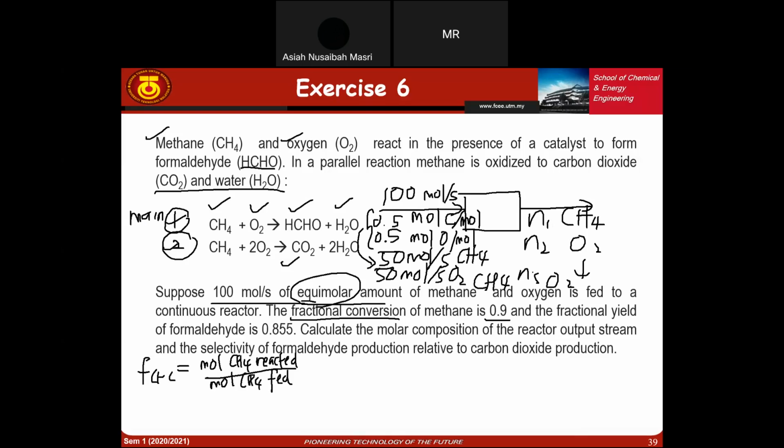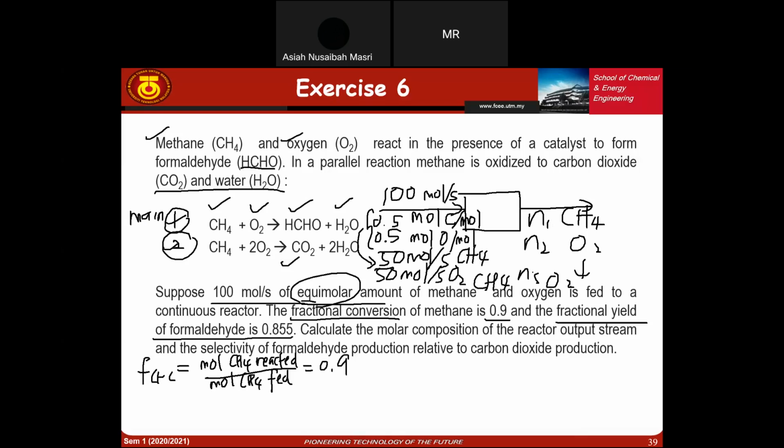This is the standard formula, and the answer is 0.9. Oh, sorry, and the fractional yield of formaldehyde is 0.855.